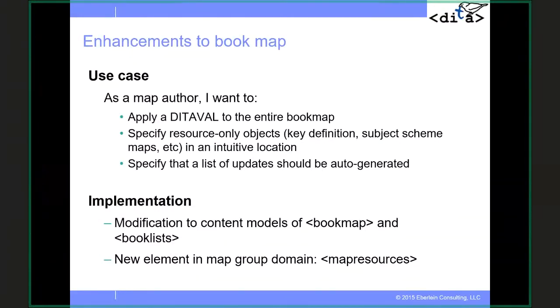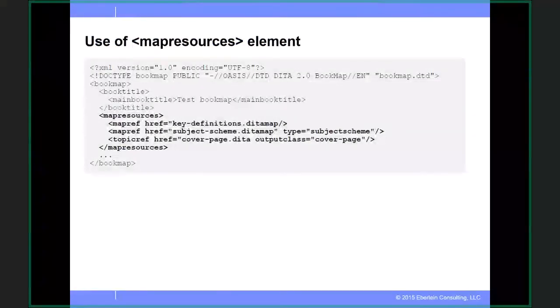And so what we've done here is we've made some very simple modifications to the content model of Bookmap and its elements to accommodate these. And we've also just added a new element in the map group domain, map resources. So the map resources element provides the intuitive and semantic location for specifying your resources.